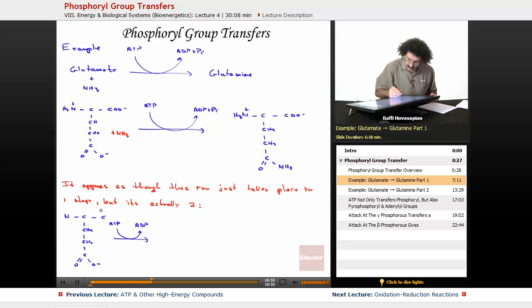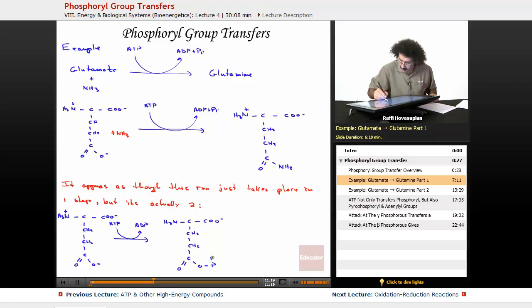Let me just go ahead and make sure I have the structures correct here. So we have H3N, this is C, this is COO minus, so we have CH2, CH2, and COOP. So what's happened here is that the adenosine triphosphate has transferred its final phosphoryl group onto this glutamate. So that's right here.